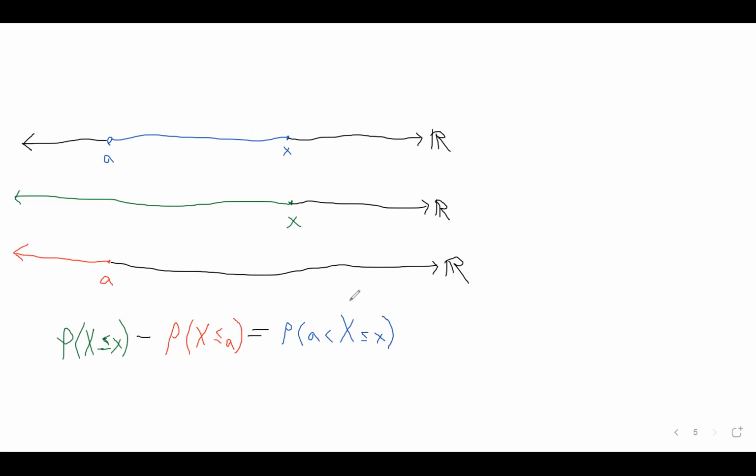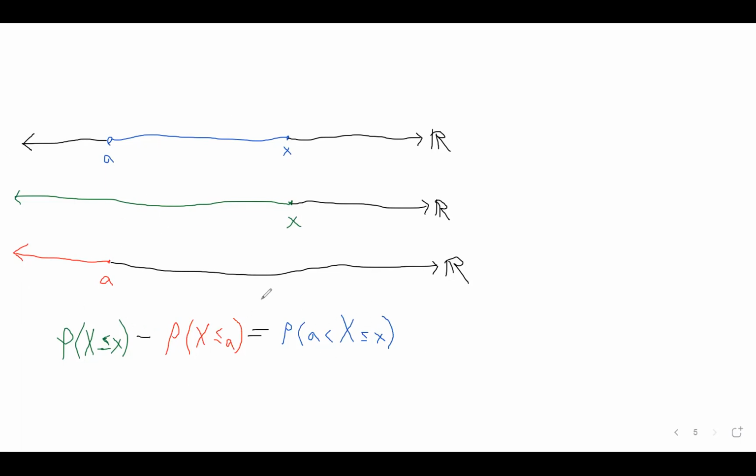Capital X is your random variable, your continuous random variable here. Sometimes it's discrete, but right now it's continuous. Little x is a value, a real number. So you see that you take the green region, you remove the red region, you get the blue region. So the probability of being in the green region minus the probability of being in the red region is equal to the probability of being in the blue region.